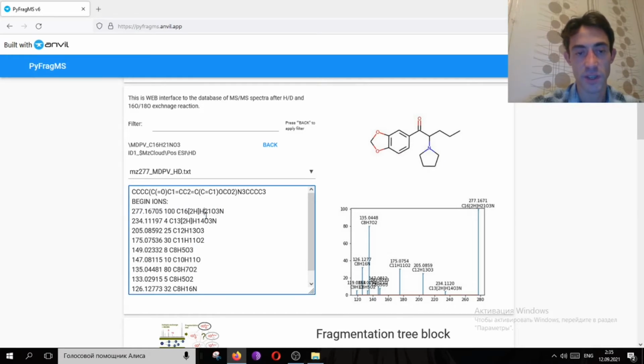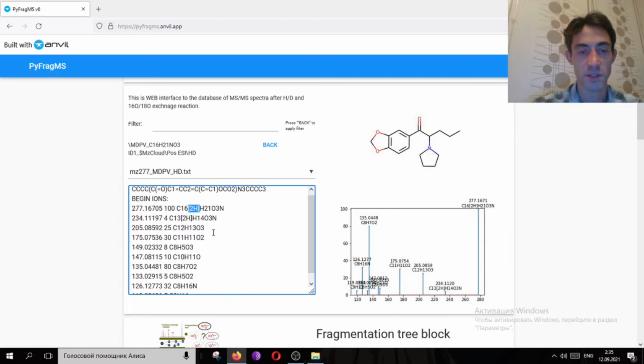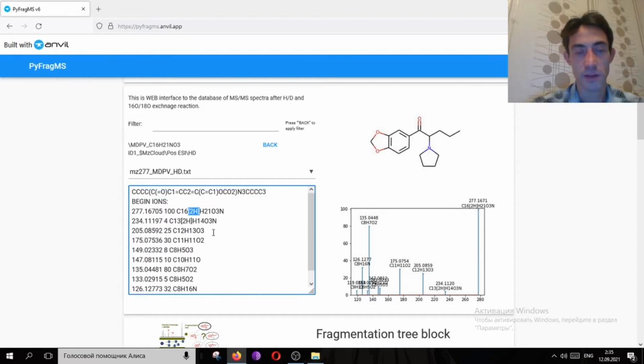So you can see deuterium in the precursor ion, and you can see the inclusion of the deuterium label in the fragmentation spectra. You see that only in m/z 234 deuterium was included. In other peaks deuterium was not included, but this is experimental data.